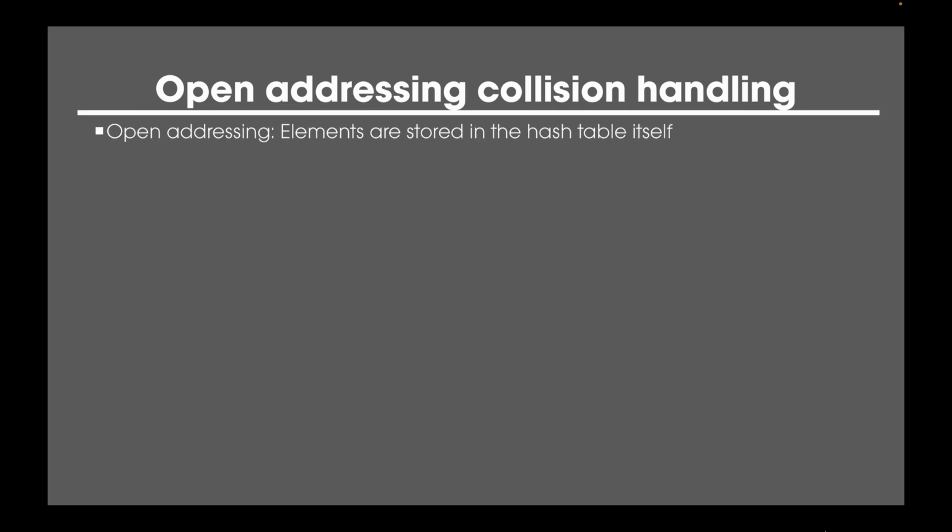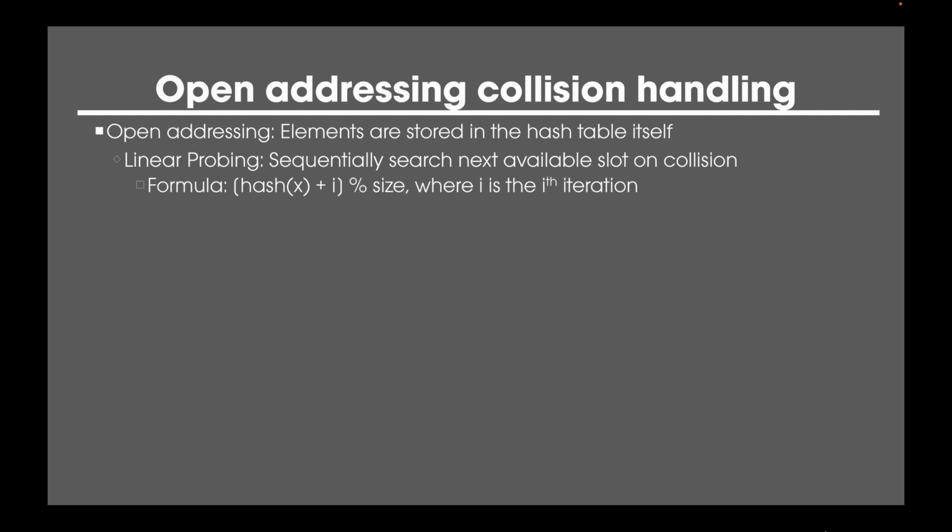In open addressing, data elements are stored directly in the hash table by searching for an open or vacant slot when a collision occurs. Let us start with the first technique, that is linear probing. In this method, the next available position is searched sequentially within the hash table. Mathematically, the new position is calculated as hash of the data element plus i, modulus size, where i is the ith iteration after the collision happened.